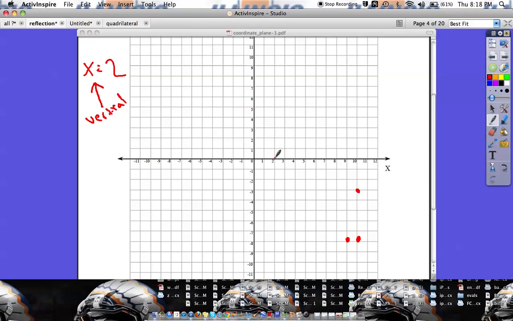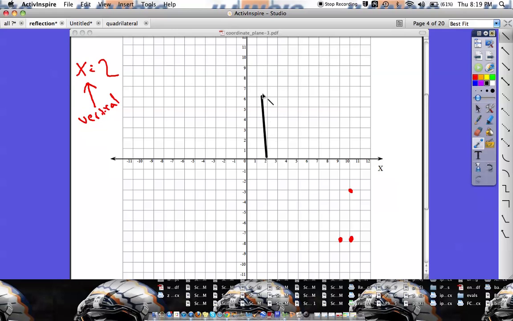So here's 2 for the x right here, so I'm just going to go over to 2 on the x line, which is what we want to do, but now my line is going to be vertical instead. So this is the line, oh that's horrible, but this is the line x equals 2. You would think it would go the other way, but it's opposite when we're doing these things here. So I'm just going to make, there we go, perfect.